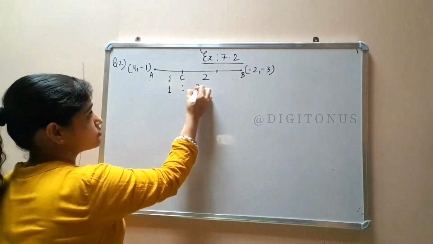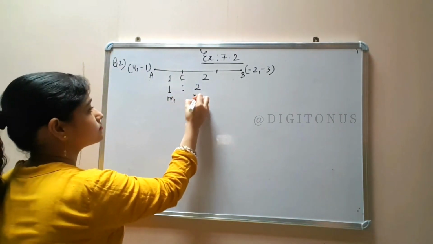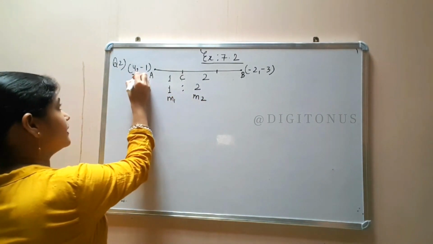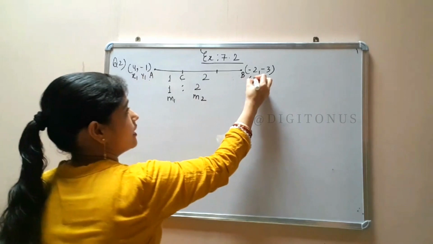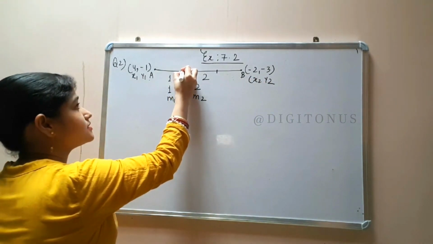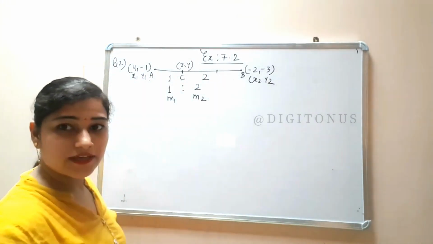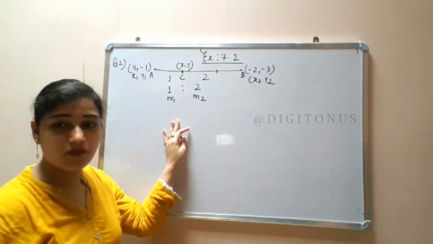So now the ratio is 1:2. This one is m1, this one is m2, x1 y1, x2 y2, and the coordinate points of C will be x and y. So let's apply the formula.